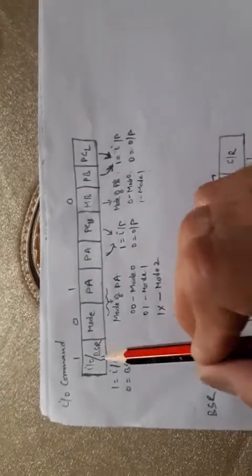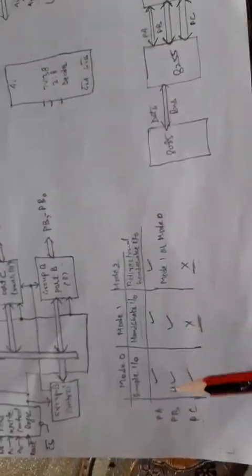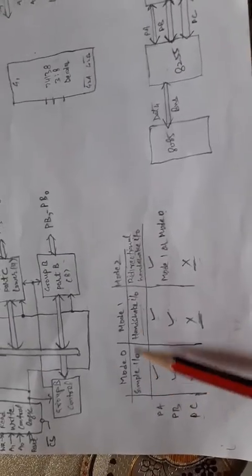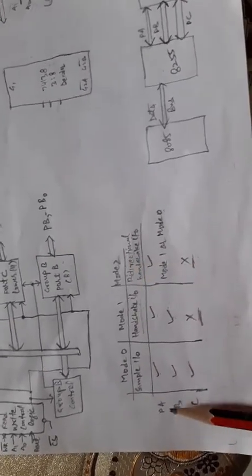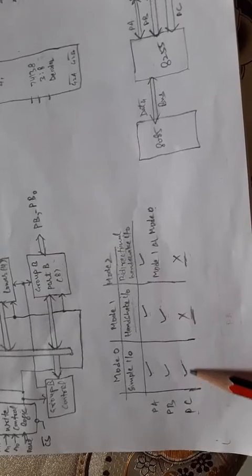Once it is decided that this is the IO command, we come to this table. I told you in the architecture lecture that the 8255 will work in three modes: mode 0, mode 1 and mode 2. Port A will work in all three modes, port B will work in only two modes, and port C works in only one mode.